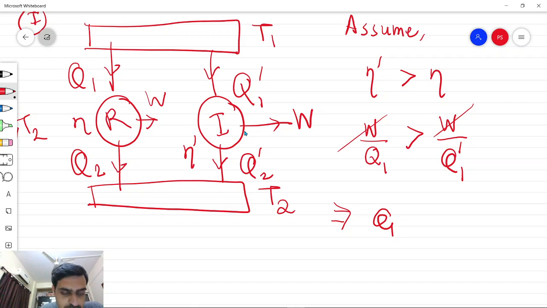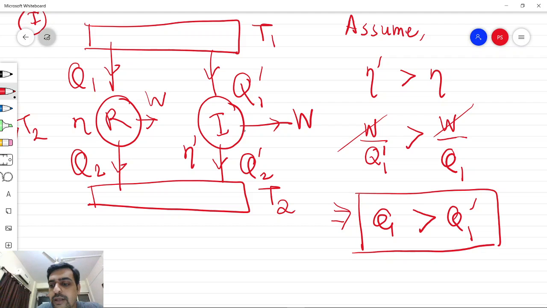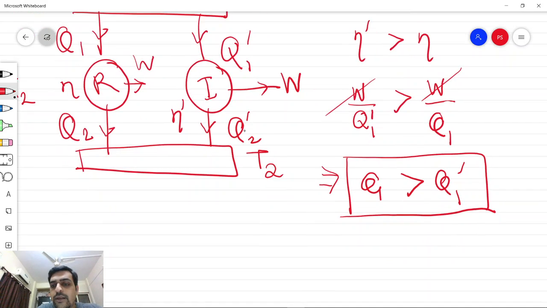Eta dash is W by Q1 dash and eta is W by Q1. Since work done is the same, this means that Q1 has to be greater than Q1 dash. So this is the first statement, that Q1 is greater than Q1 dash.